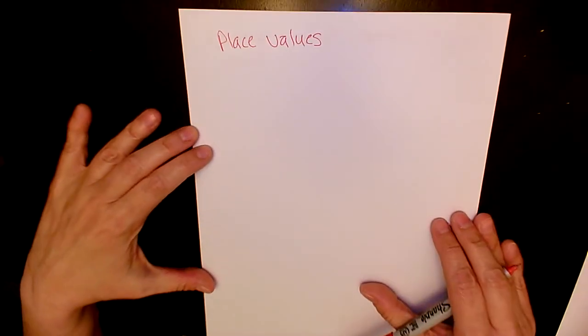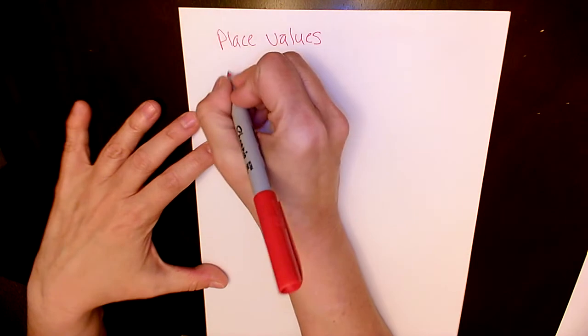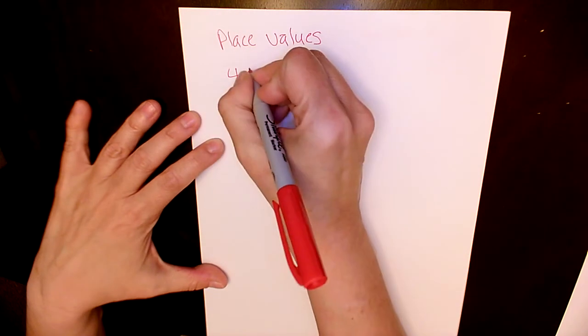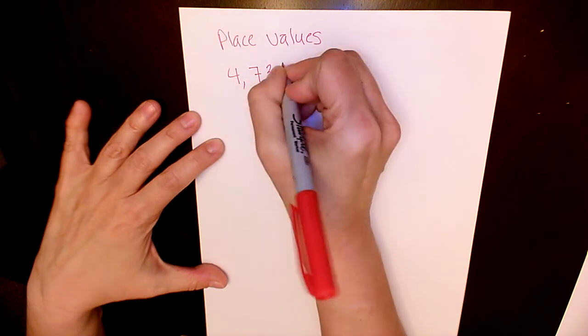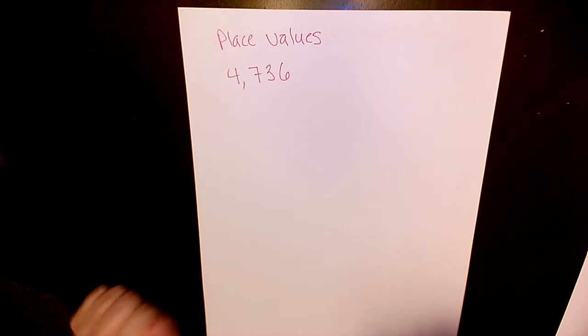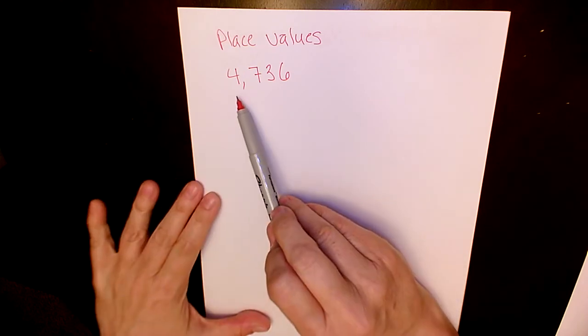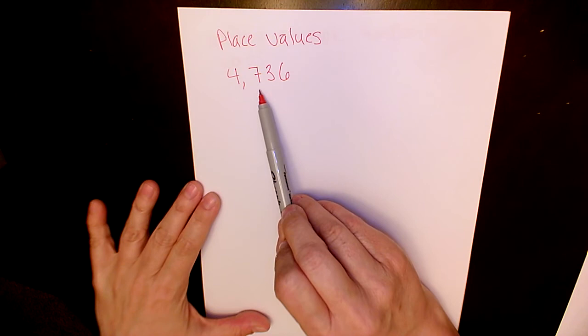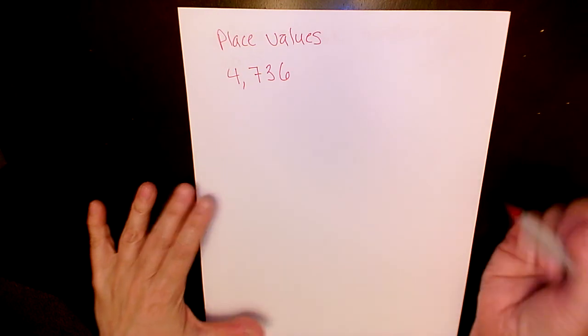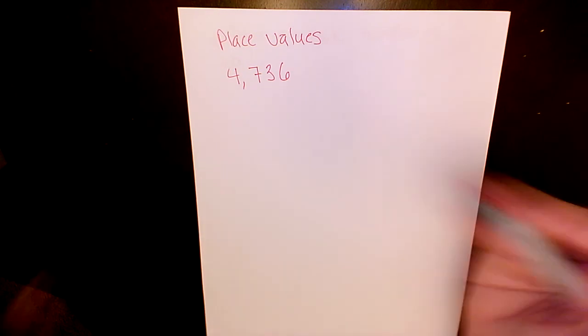So each whole number has its own place value. So we call 4, 7, 3, and 6 digits.